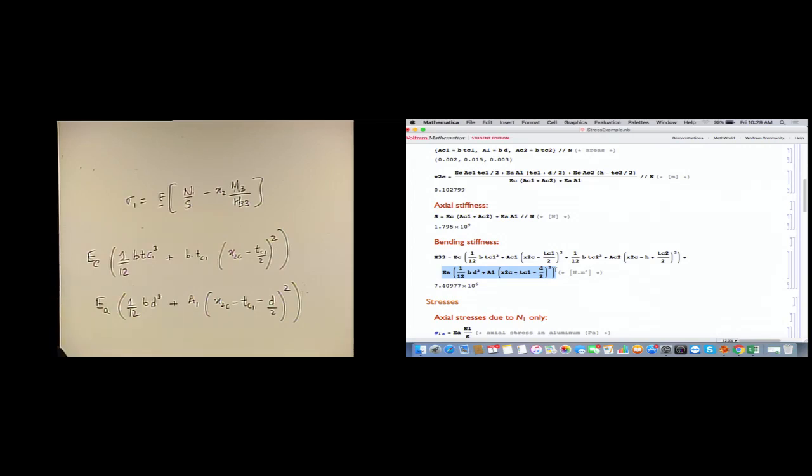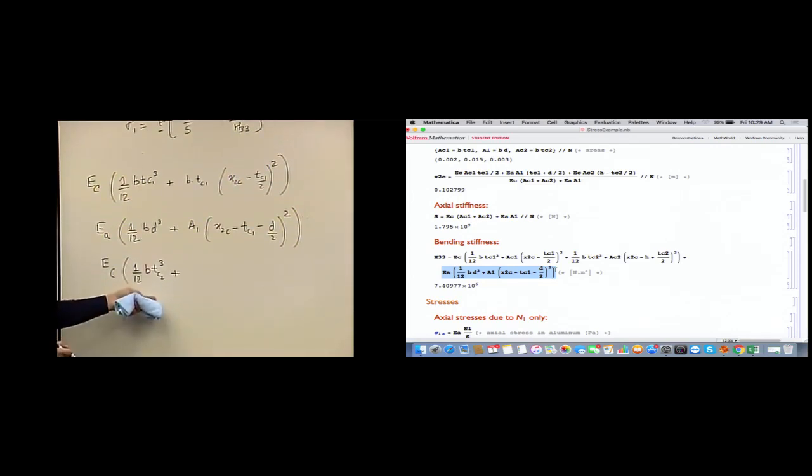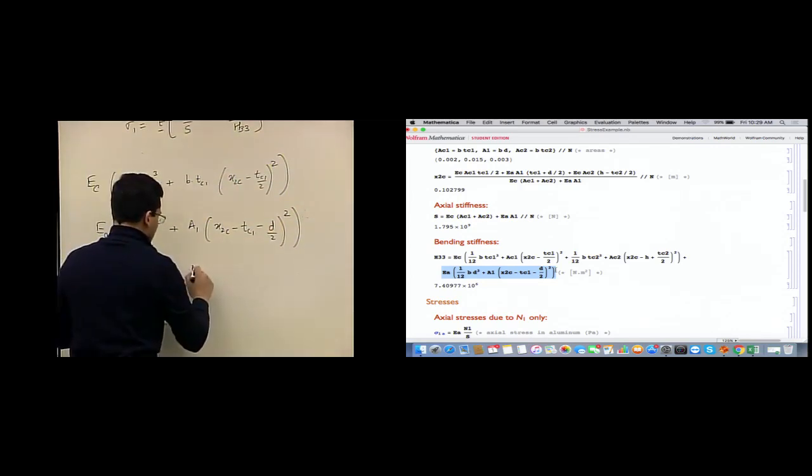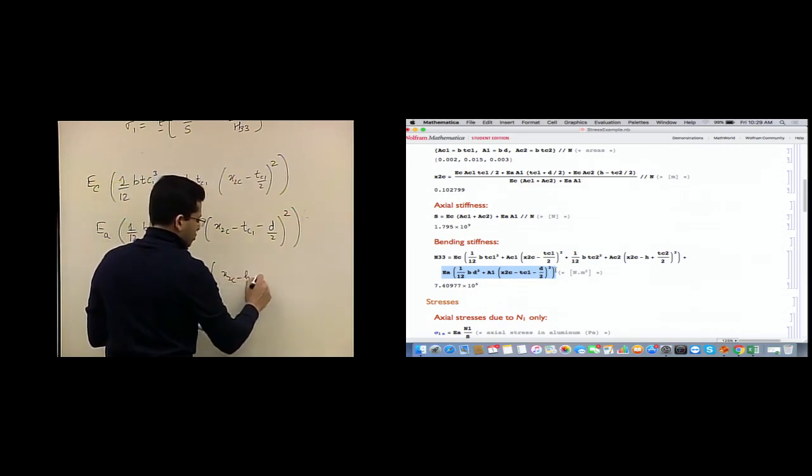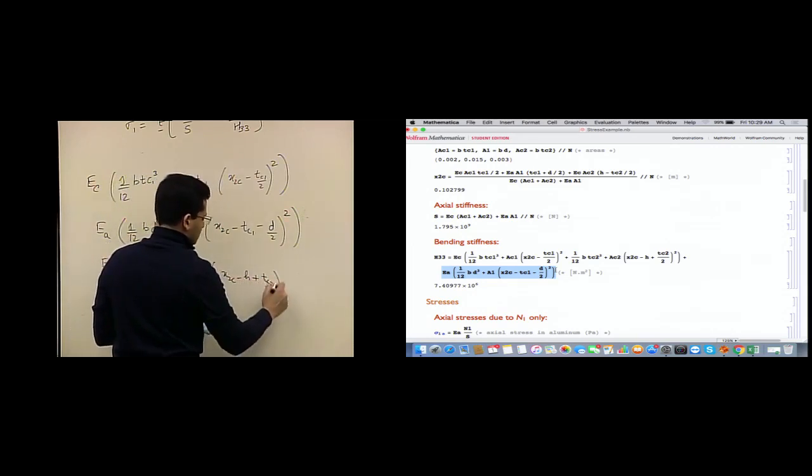And then we have the third layer, which will again have material EC, and then 1 over 12 B times TC2 cube. This is the H33 about the centroid, and then parallel axis theorem. So the area of that layer times x2c minus H plus TC2 over 2.